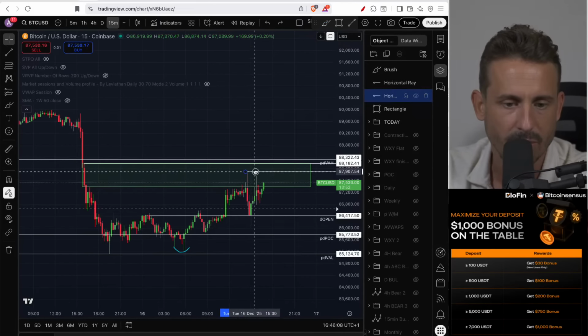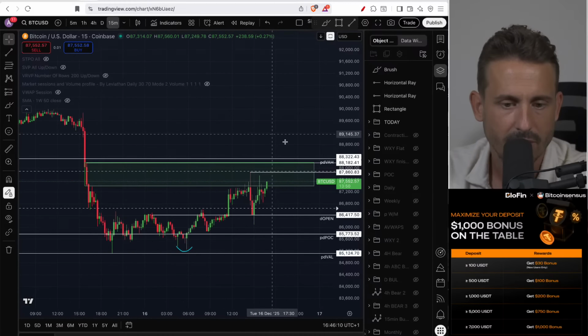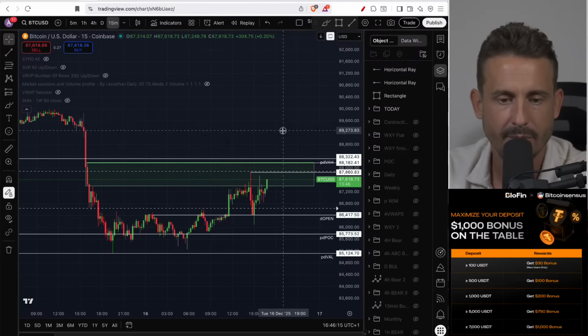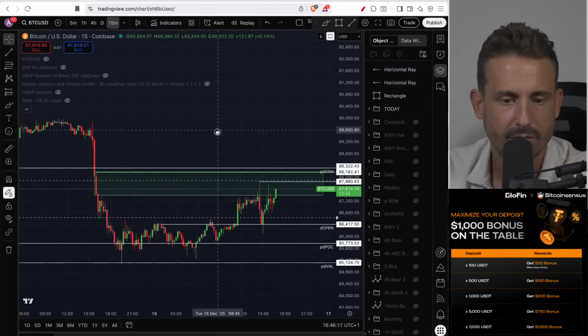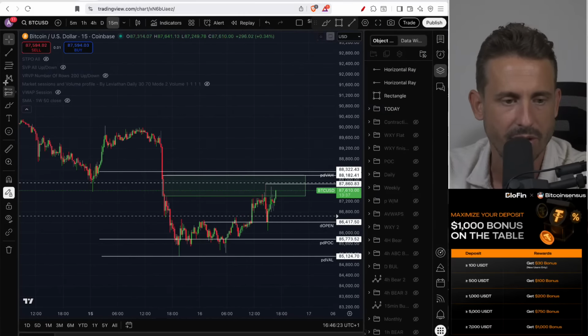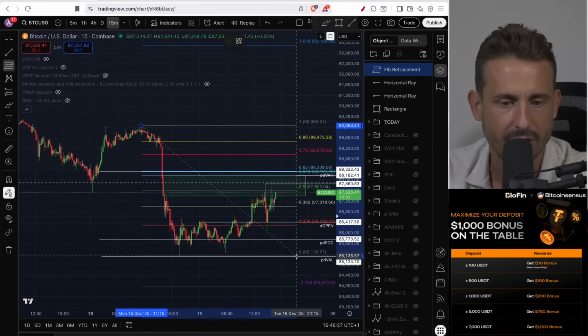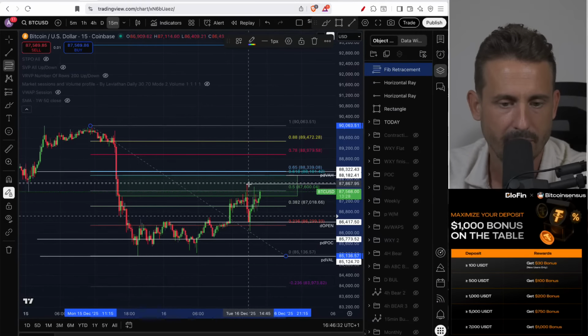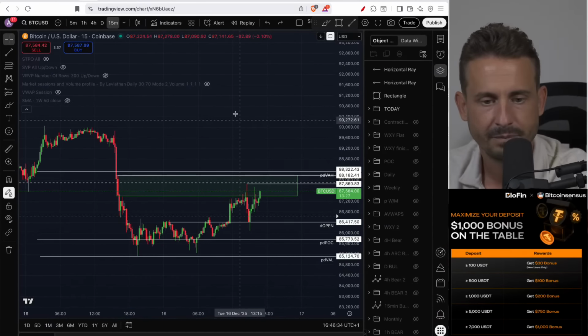We got the double top possibility from those highs. It is a little bit of a sniper trade. And if we break through it, we got the 5-minute order block high at 88.2k, which is with the golden pocket. That could get a quick rejection if this does not double top here at the high.